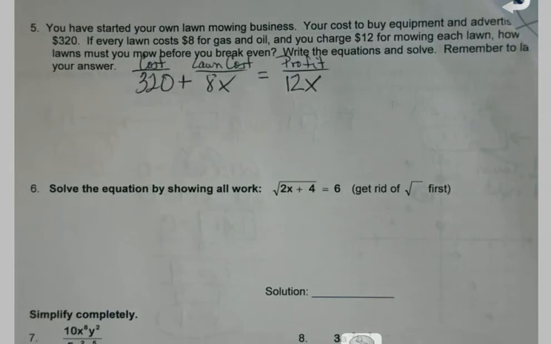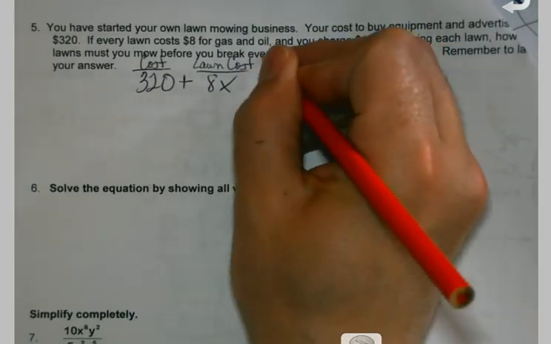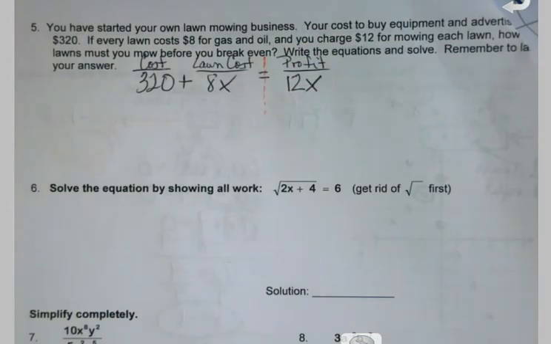Now, if somebody can think of a shortcut for this, which there is, you might be able to quicken this up by a step. But here's what's a little different on this one from the last one. Are my x's on the same side of the equals this time?